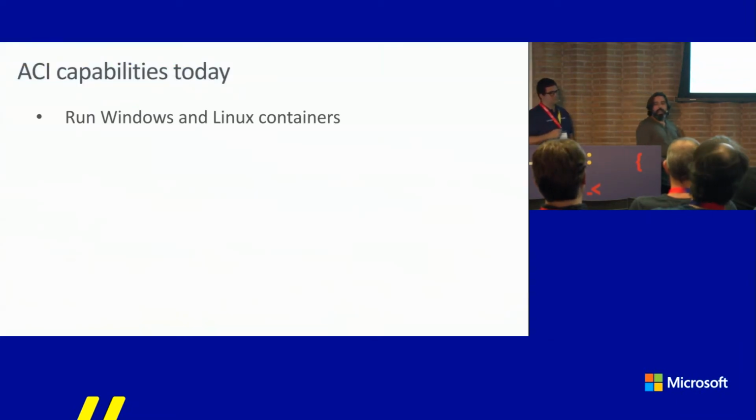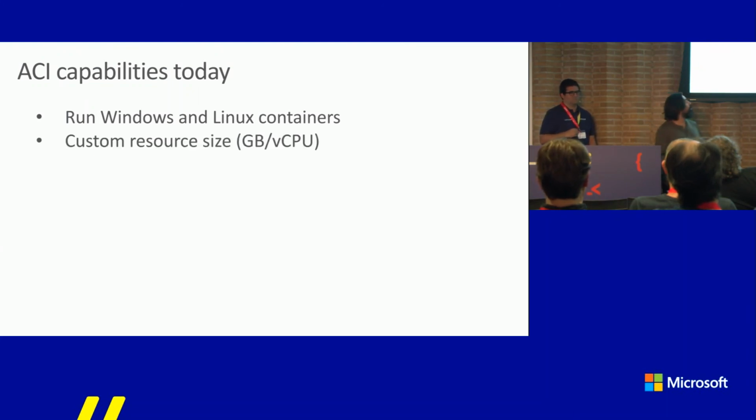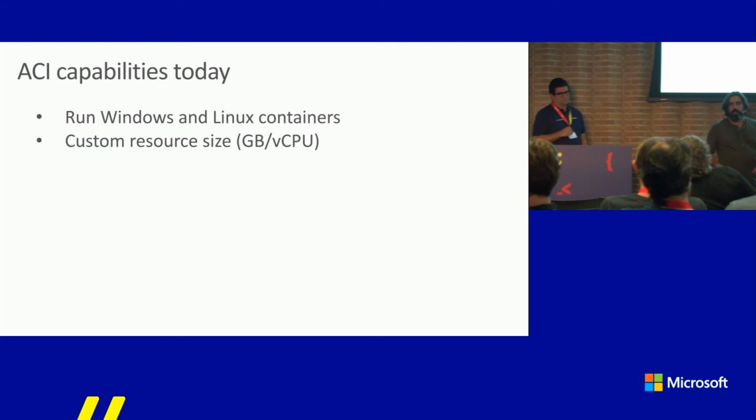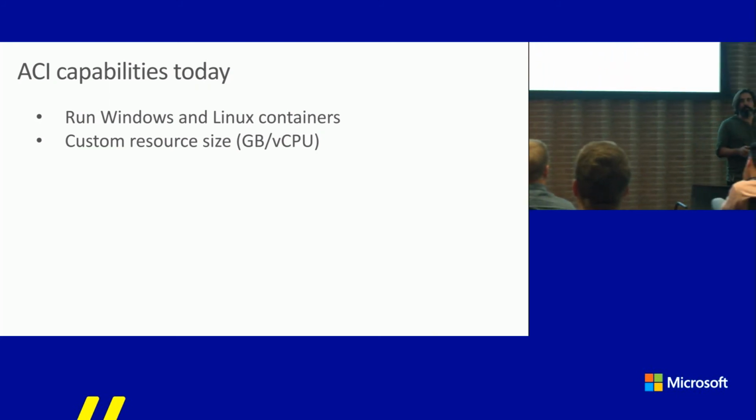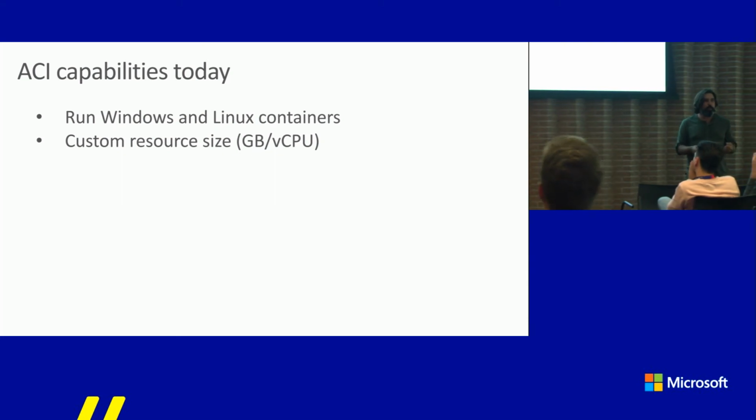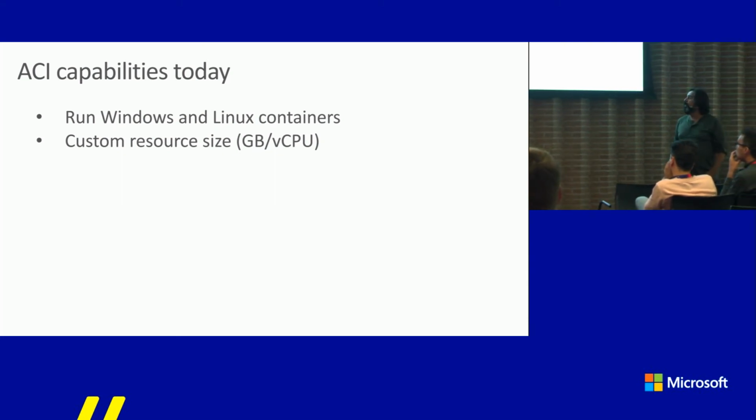So what we can do today is run Windows containers, since a couple of weeks ago. We support pulling images, both Linux images and Windows images, and we run them in the right hypervisor, so in the right containers, of course.